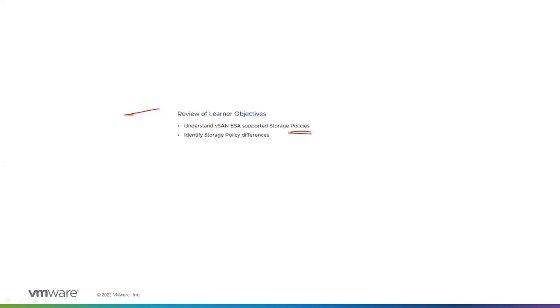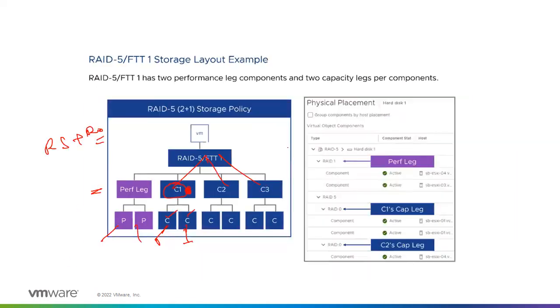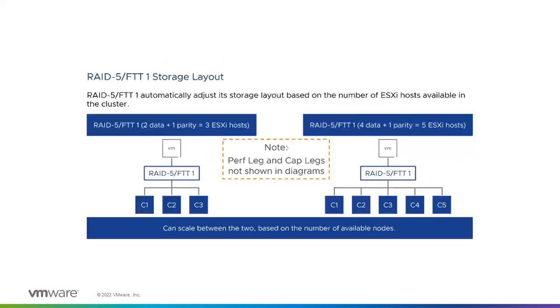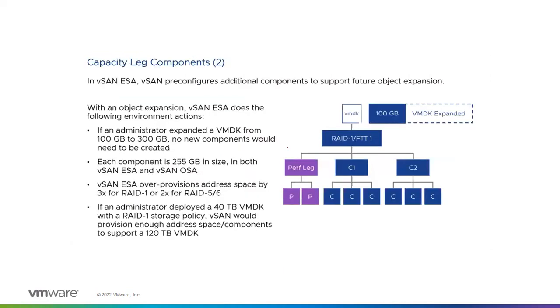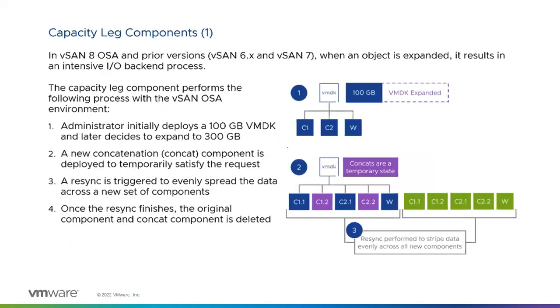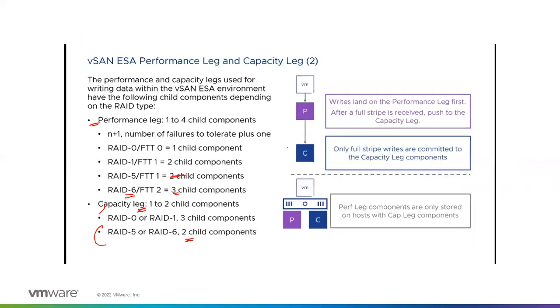ESA supported storage policies and identifying the different types of storage policies, right? So the three things we have observed here, the first one is the data writing mechanism, and the difference is the capacity leg and perf leg. Any write data will happen on the perf leg first.